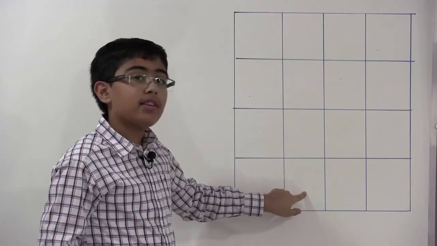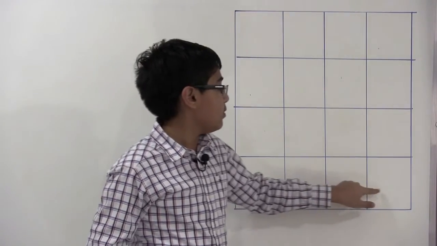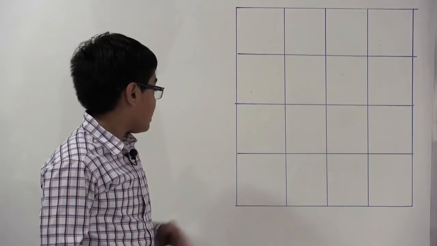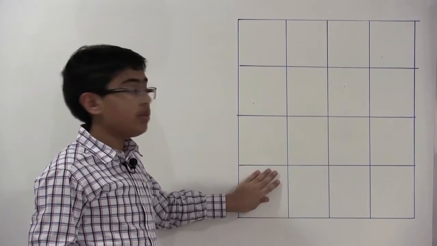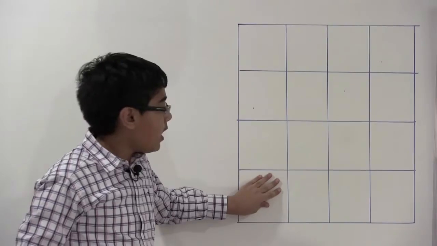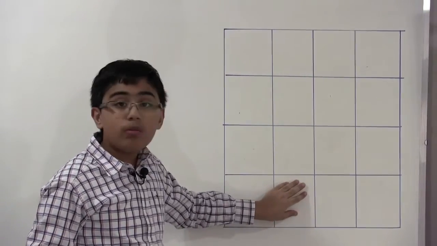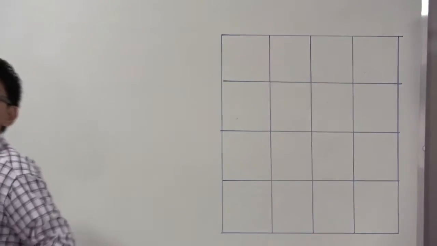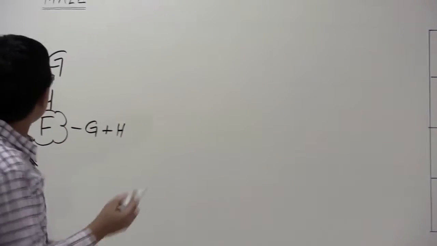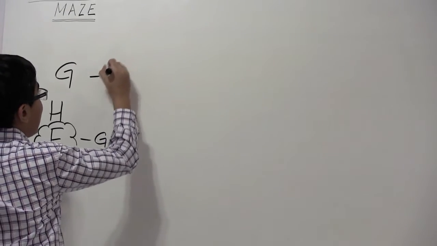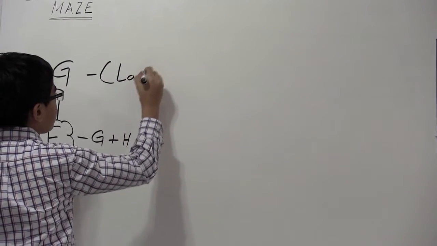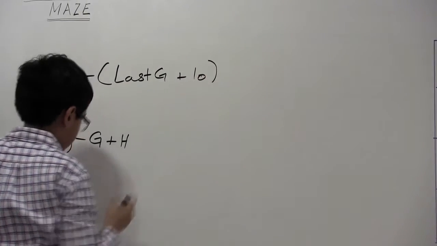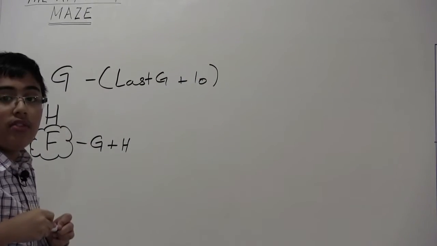This node will have a G value of 10, then 20, then 30, then 40, then 50, then 60, due to the fact that this is point A, its G value is 0 because it is itself point A. Then we add 10 here, we get 10. Then 10, we get 20. Then 10, we get 30, etc., etc. So our algorithm here to find the G value is always going to be the last G value plus another 10. So that's how we find our next G value.